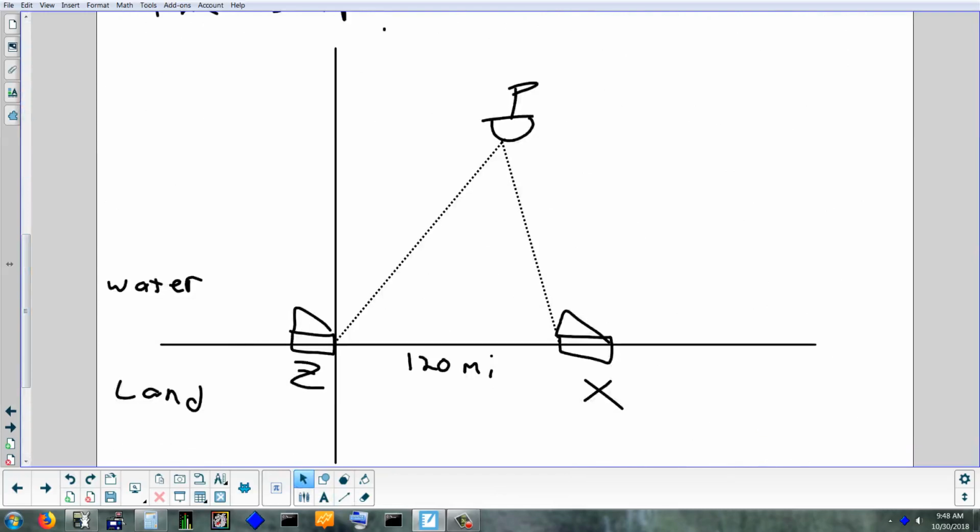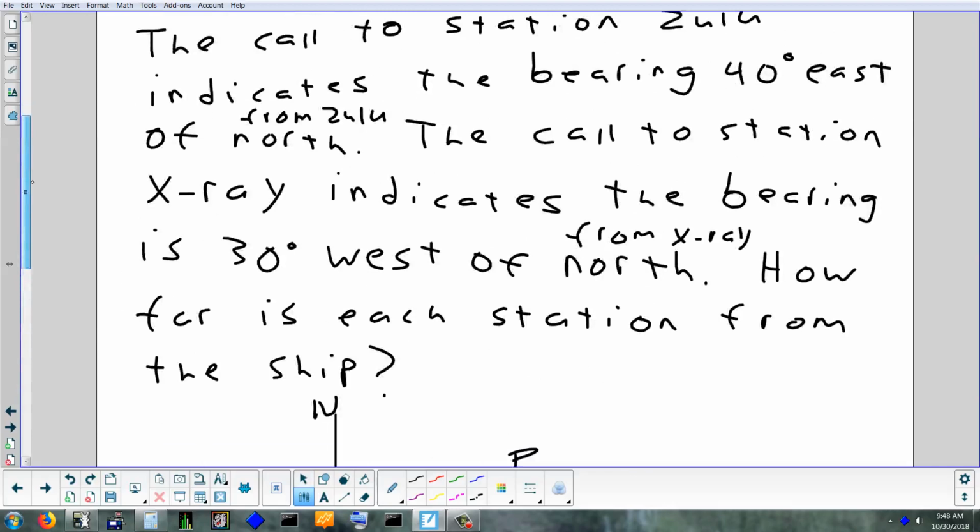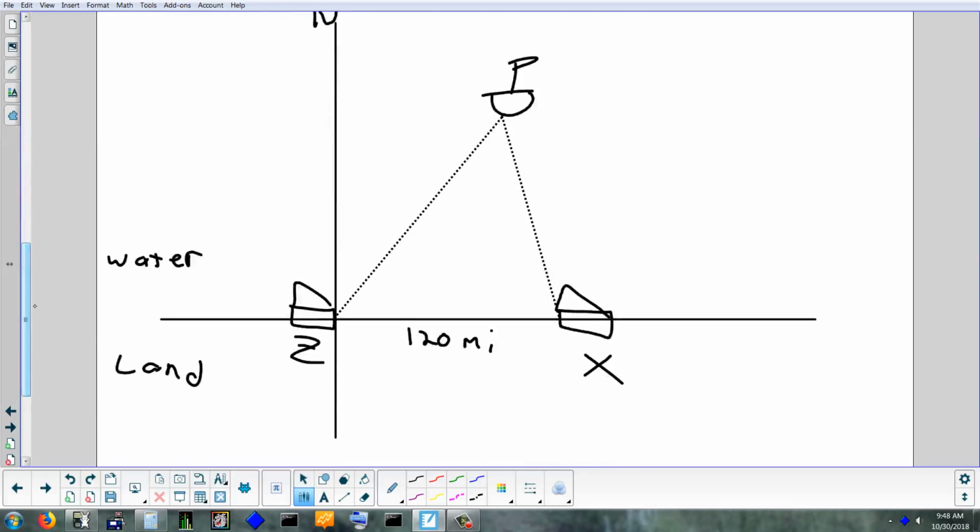Right there. North. And what does it say? The bearing is 40 degrees east of north. Well, if this is north, this line is to the right by 40 degrees. It's 40 degrees east of north. Any question on that?